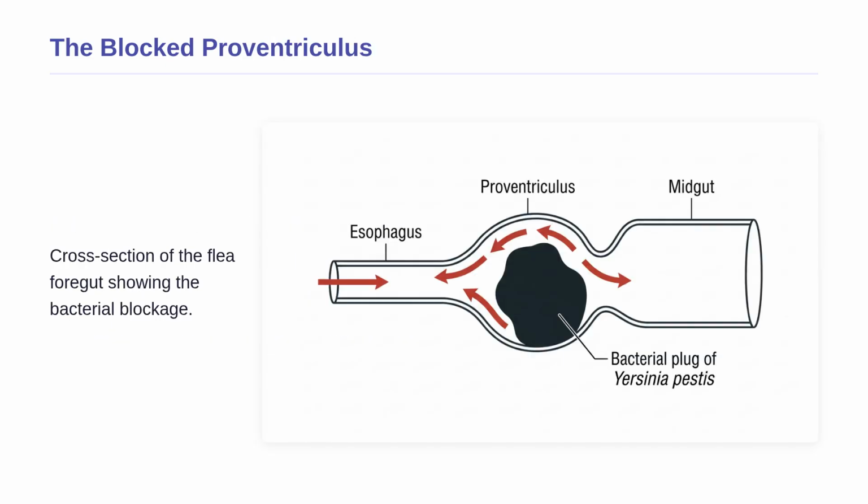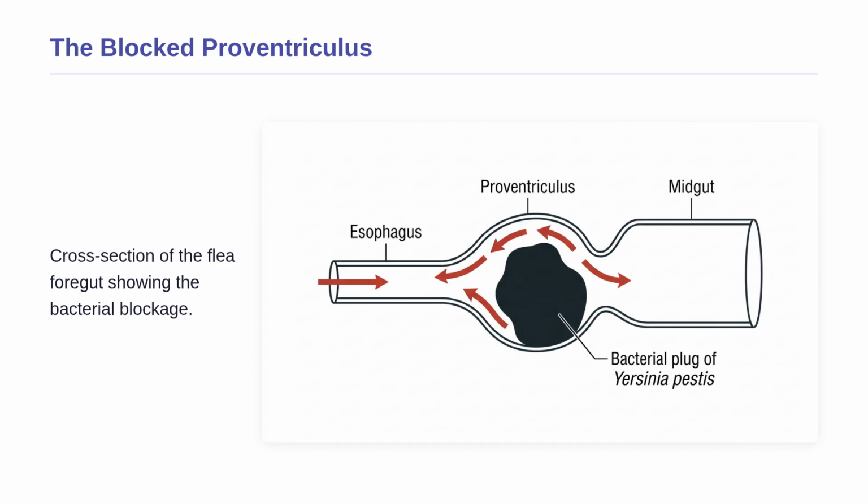Let us look closer at the internal anatomy to truly understand this blockage. Here we have a cross-section of the flea's foregut. On the left, you see the esophagus, where blood enters during a bite. However, right at the junction before the midgut, you can clearly see a large, dark mass.